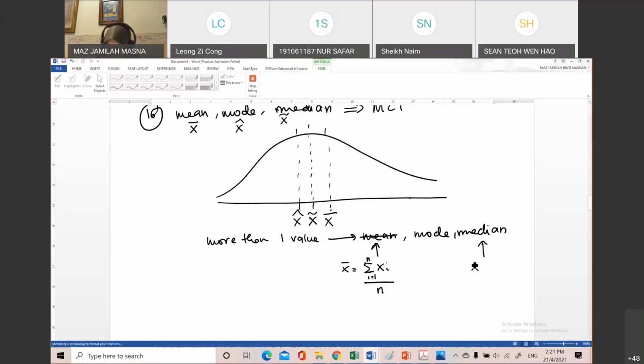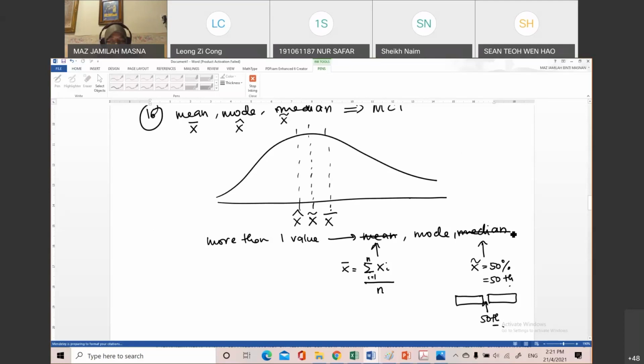Median refers to the 50th value, 50th percent, which means that it will be in the middle of your data set. So definitely there will also be one value. So median will not be more than one.